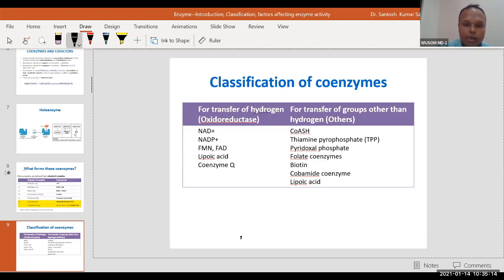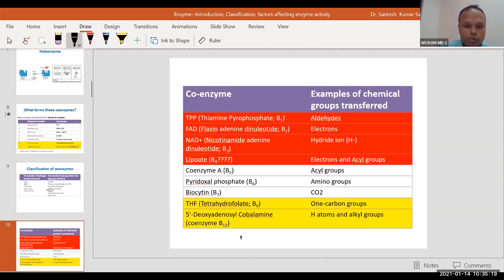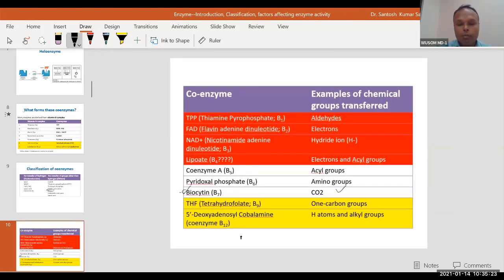And then biotin, which will transfer CO2, is biotin. Don't forget this. Biotin transfers CO2. You can see others are there, but just remember this for the exam. And then 1 carbon transfer is done by tetrahydrofolate.